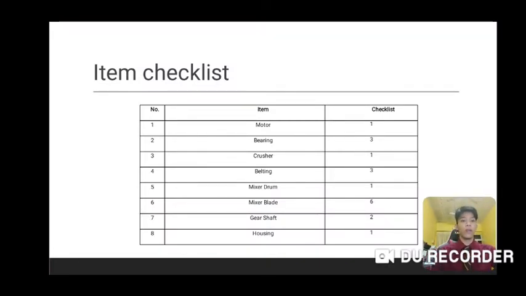We only use one motor, 3 bearings, 1 crusher, 3 types of belting, which are the lower pulley, upper pulley, and the lever pulley, and 1 mixer drum. Inside the mixer drum we use 6 mixer blades powered by 2 gear shafts, and the housing for the crusher mixer is one when we completely assemble the product.